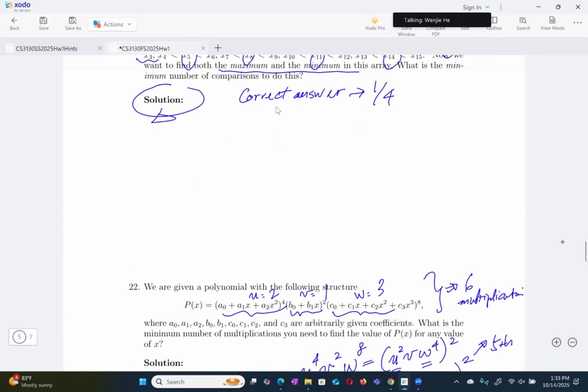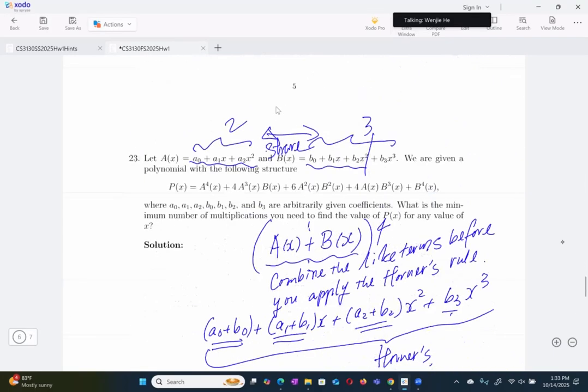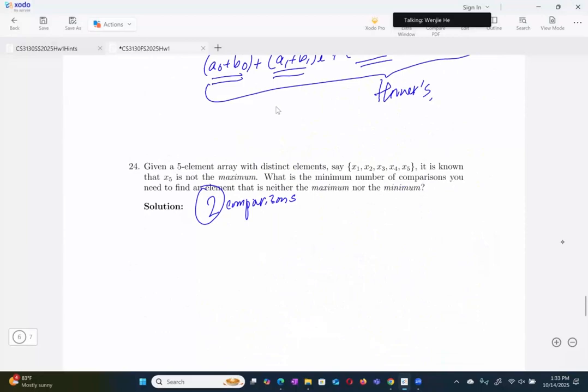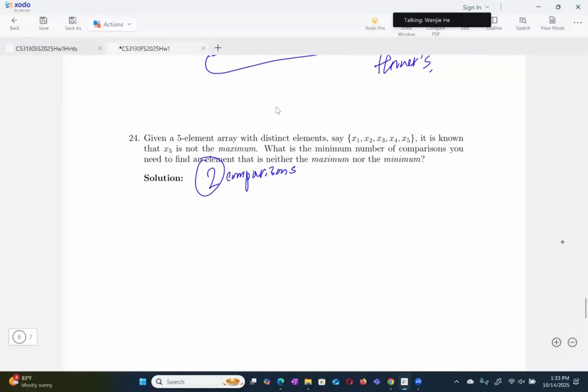I pretty much cover most, so I leave the hardest one left. 24. In my hint, based on the previous question, question number 16, if we compare question 16 and question 24 here, the only difference is this condition: X5 is not the maximum.